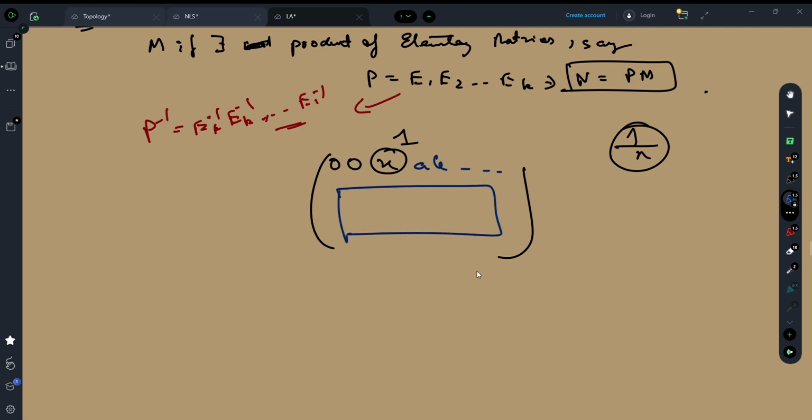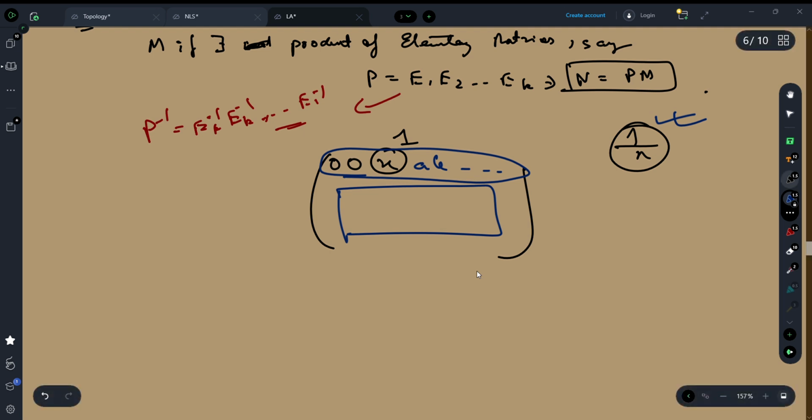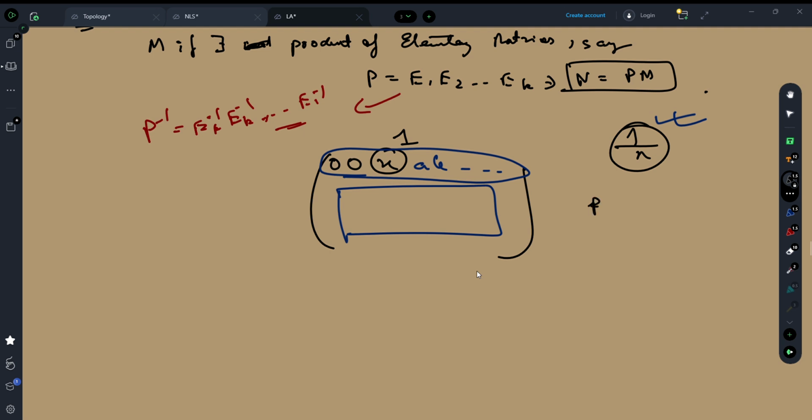Sorry, very sorry. We are using row operations here, right? So you have x here, you have A, B here. This is some other matrix. So we need to make this x to be 1, and the procedure is that we need to divide this by x or multiply this by 1 by x, but that's not possible. The row operation which we have defined only gives us multiplication by some non-zero scalar, right?